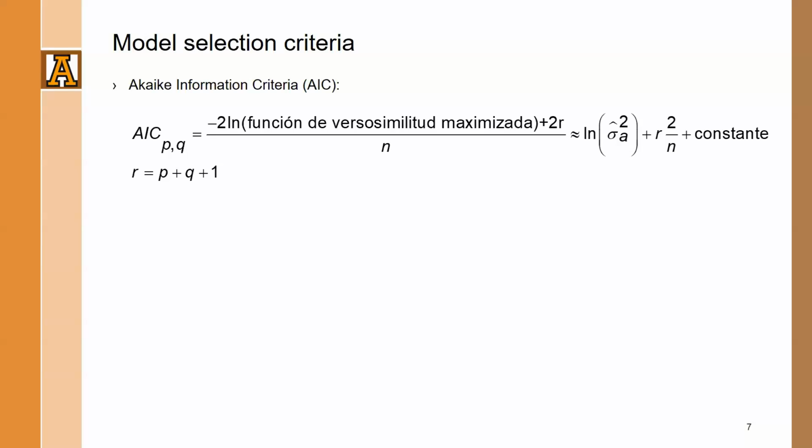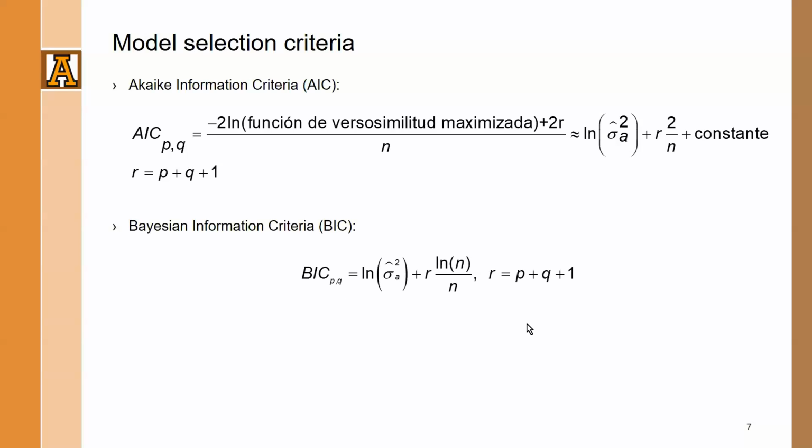Okay, it doesn't check assumptions, so the model could be violating some of the assumptions, and the auto.arima function will select the model that has the lowest Akaike information criterion. And there's another criterion that's also used, which is the Bayes information criterion. It's very similar to the Akaike information criterion.